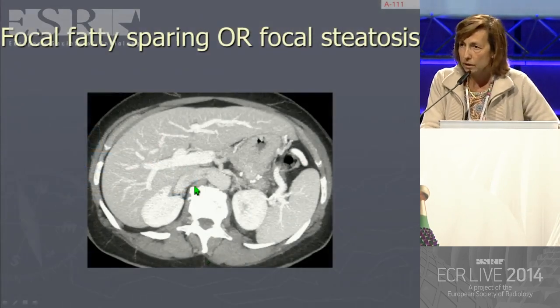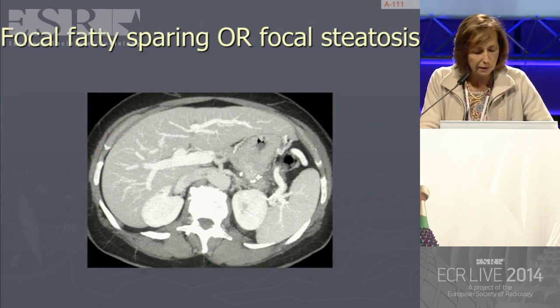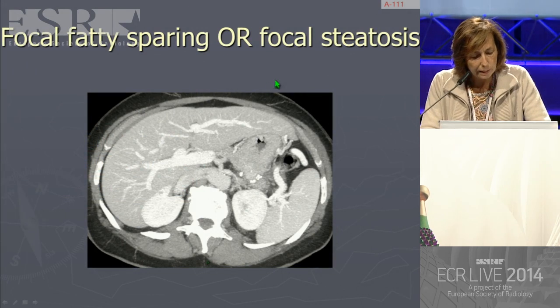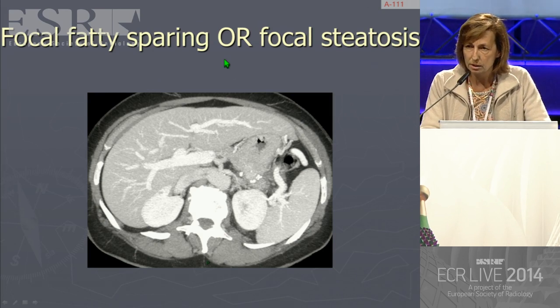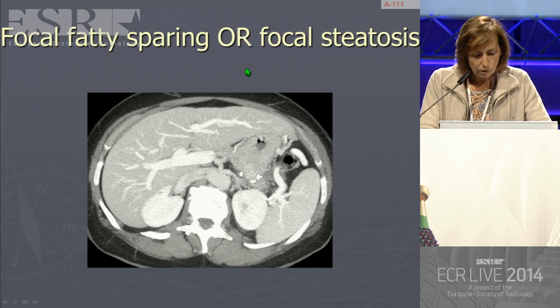And now, because it is a very important and common topic, I would like to highlight a little bit the explanation of focal fatty sparing and or focal steatosis. They do not arrive randomly.